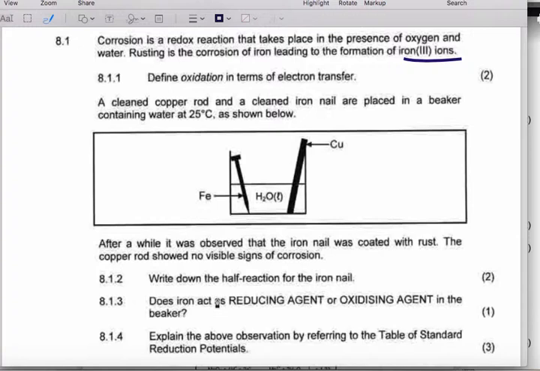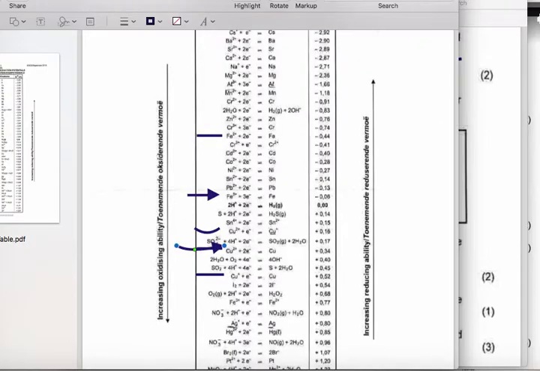So which is going to be the reducing agent and the oxidizing agent? So we have to see which one is on top. So we've identified our 2, and I suggest to all students that you actually write arrows which one is on top. Now the one that is on top is the one that is oxidized the most readily, and therefore is the strongest reducing agent.